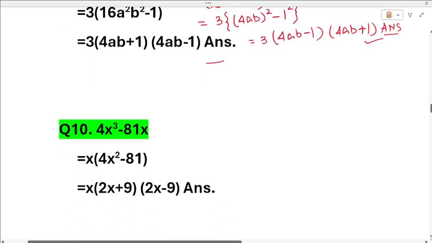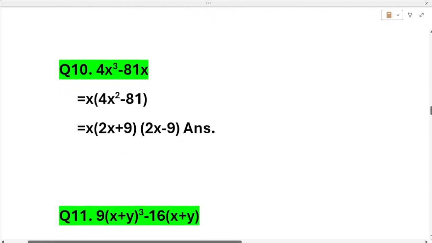Now come to question number 10, visible on your screen. It is 4x cube minus 81x. First of all check the numbers. 4 is an even number, 81 is an odd number, you cannot take out a common factor.